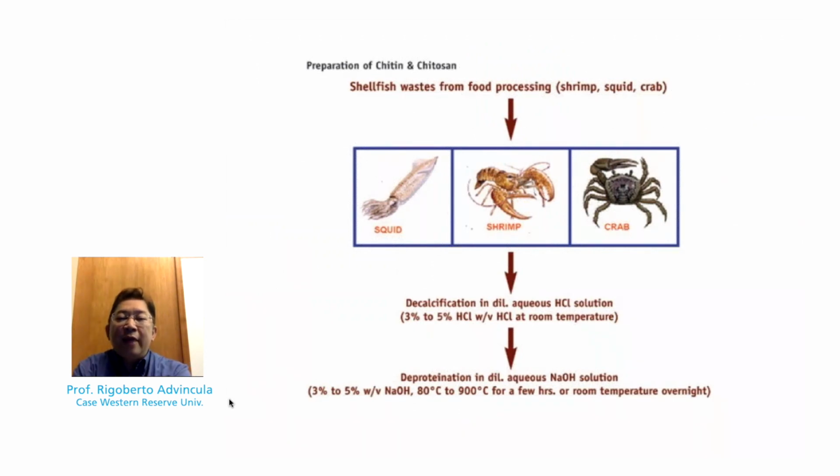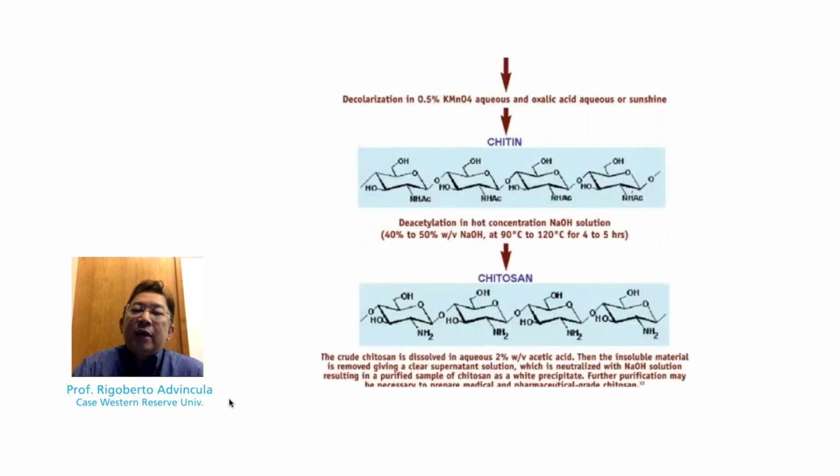So of course you derive them by decalcification from the original chitin, and once you decalcify them, you can deprotonate them by removing with sodium hydroxide, and then finally, in terms of their compatibility and net charge, the chitosan is the more soluble form, which is neutralized with the acid.